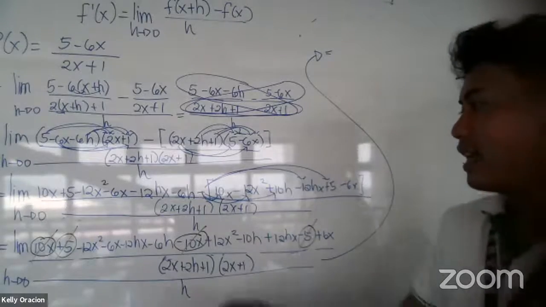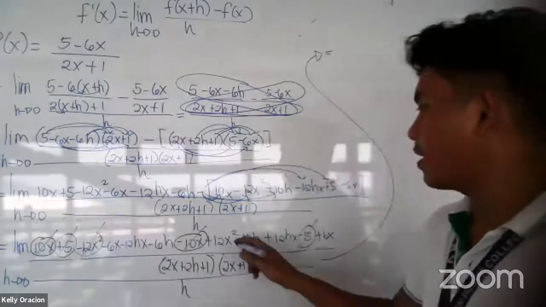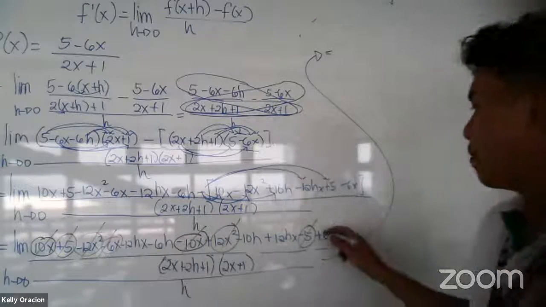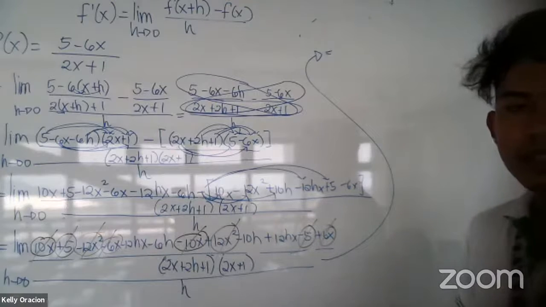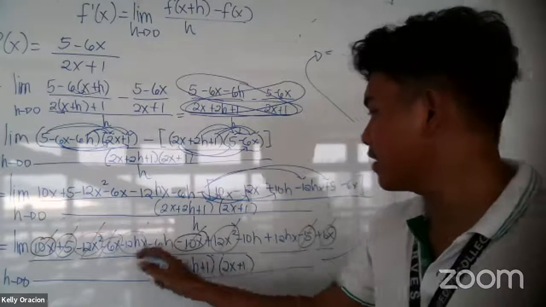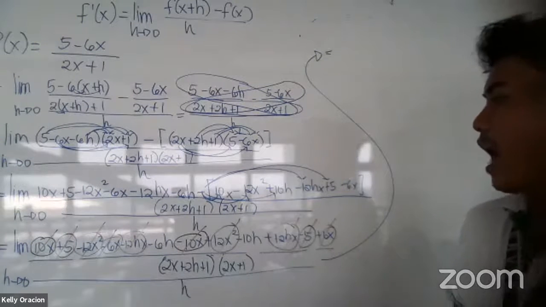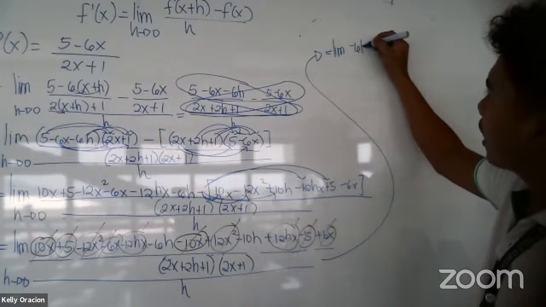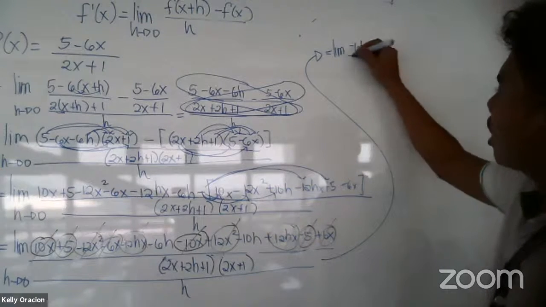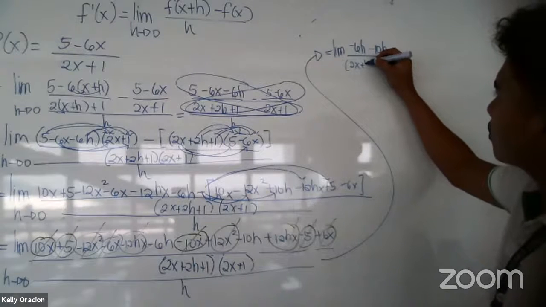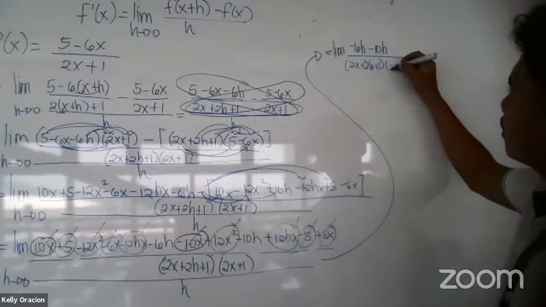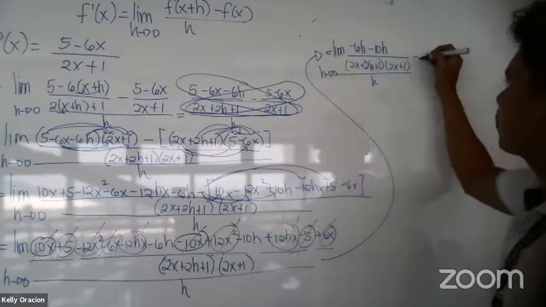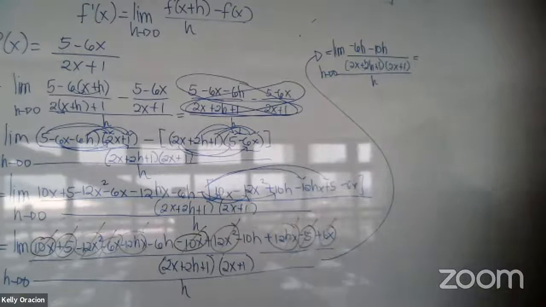The negative 12x squared and the positive 12x squared. The negative 6x and the positive 6x. The negative 12hx, the positive 12hx. Ano ang naiwan? Ang naiwan, you have negative 6h minus 10h over 2x plus 2h plus 1, 2x plus 1, over h as h approaches 0.